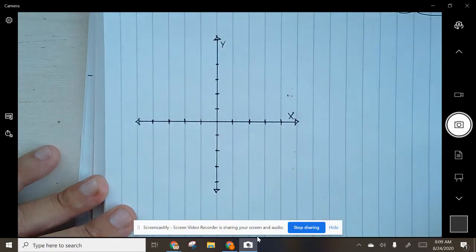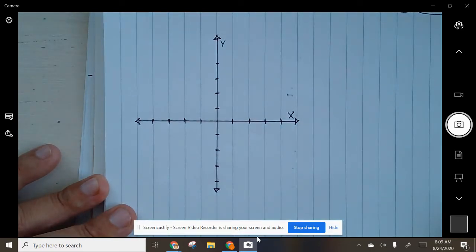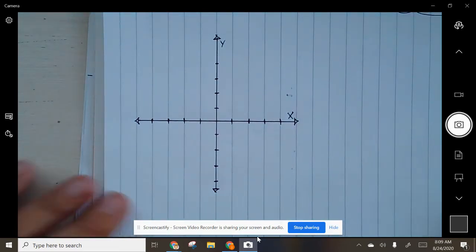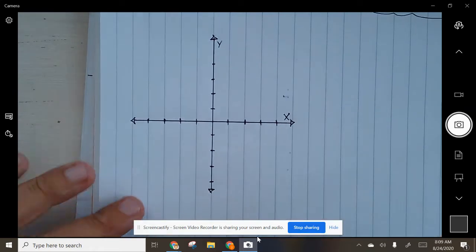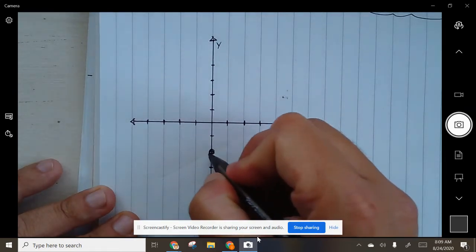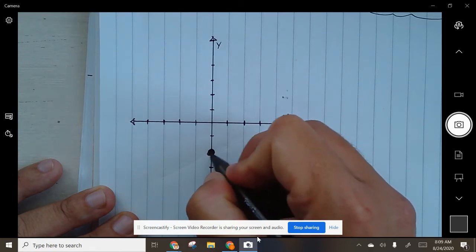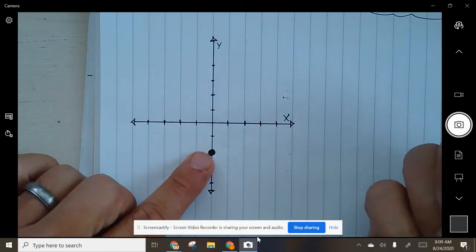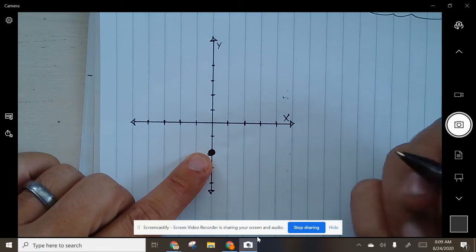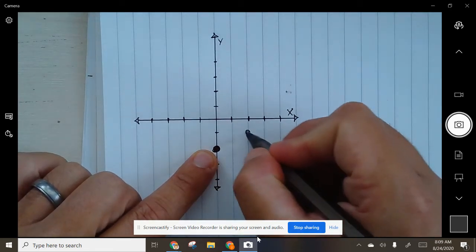Now, from this point, I want you guys to actually draw a point here at -2. I'm going to make a big point. All right, -2. And then also we're going to go up 1 over 2 from there.